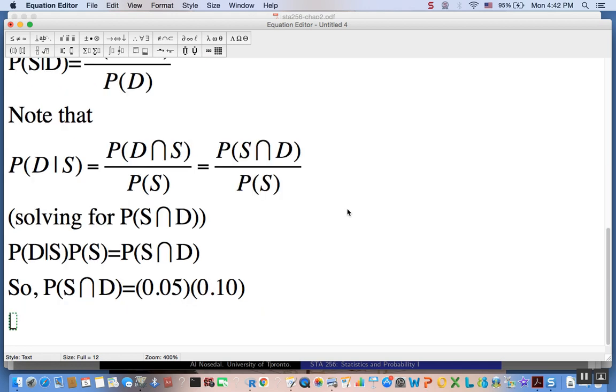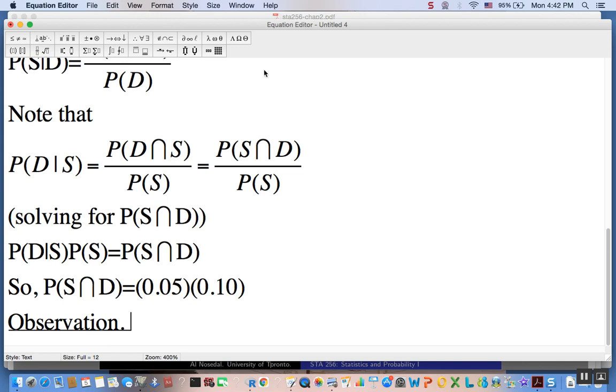Well, we will observe something. Observation. The entire sample space equals the union of smokers and non-smokers. You guys agree?